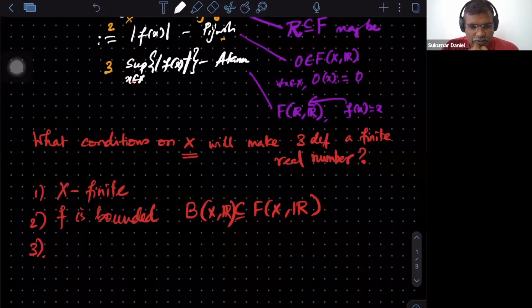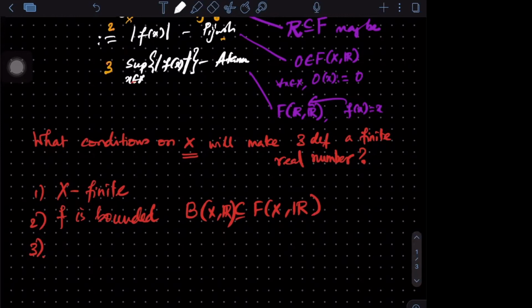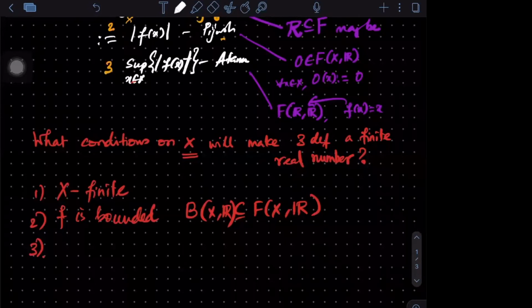Is that your question, Prachi? Prachi, you have to speak. Yes, sir. I said it is not defined at 0, so we can't consider that function.